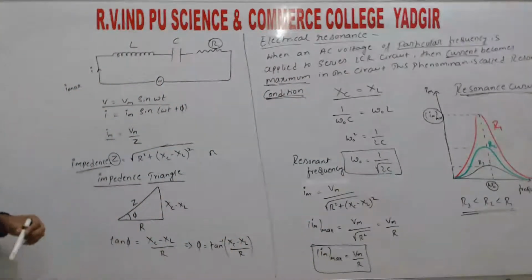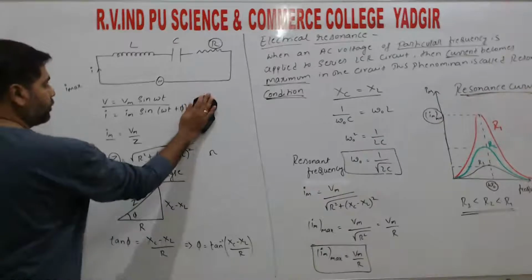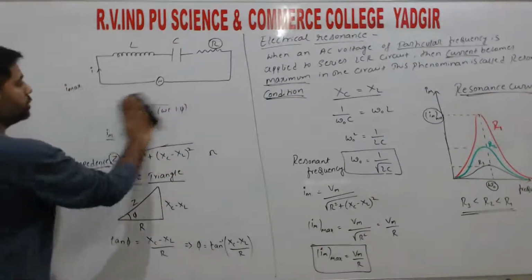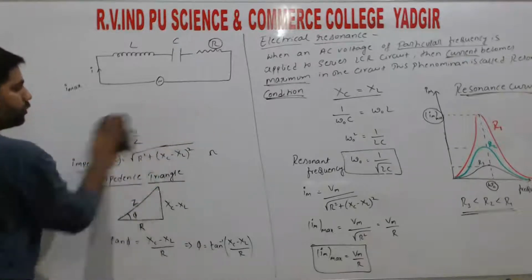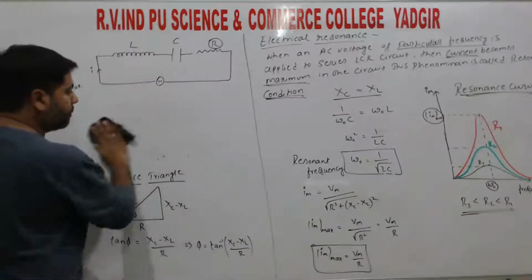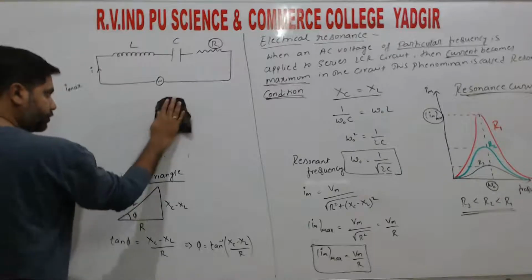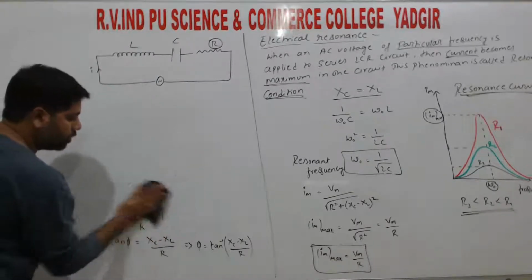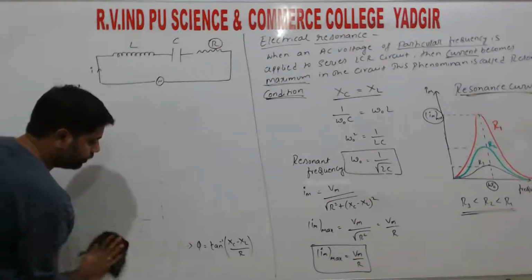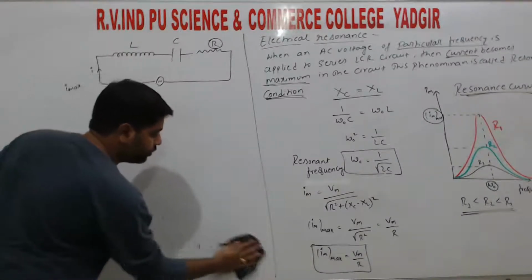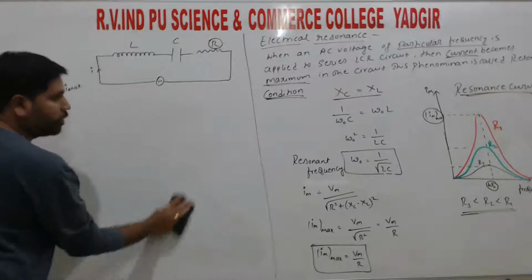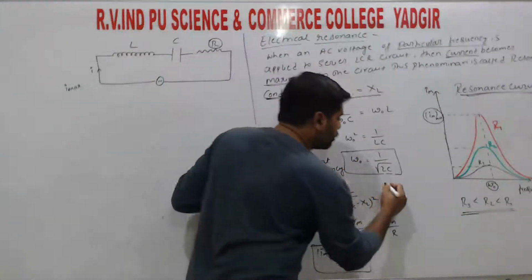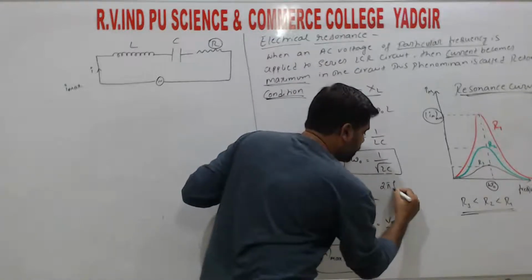So next, this we can also write, because omega naught is 2 pi f naught.